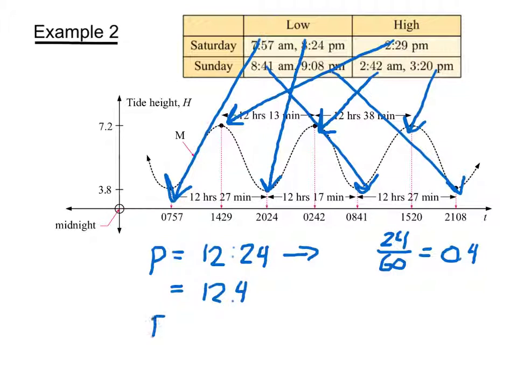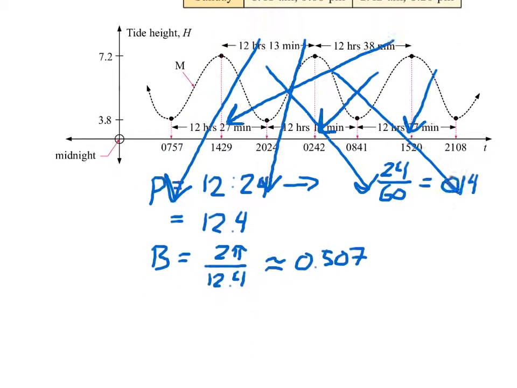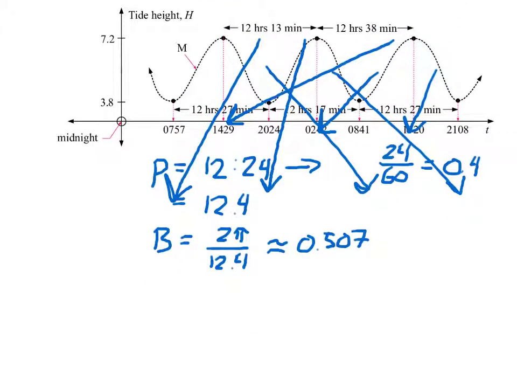Once I know this, I can find B. It's simply 2 pi divided by P, or 12.4. That's roughly going to be 0.507. Remember, A and D both come from the maximum and the minimum. Well, I know high tide occurs at 7.2 meters, let's say, and low tide occurs at 3.8.